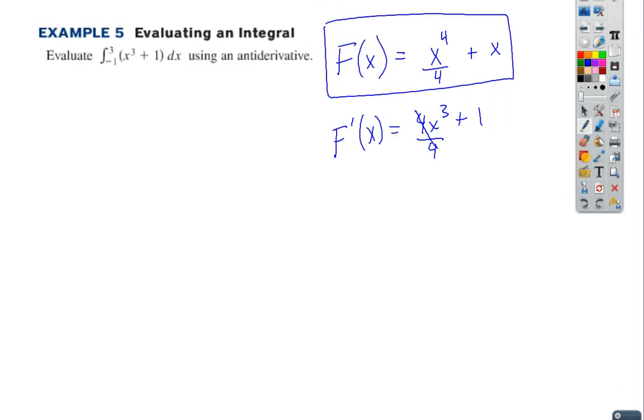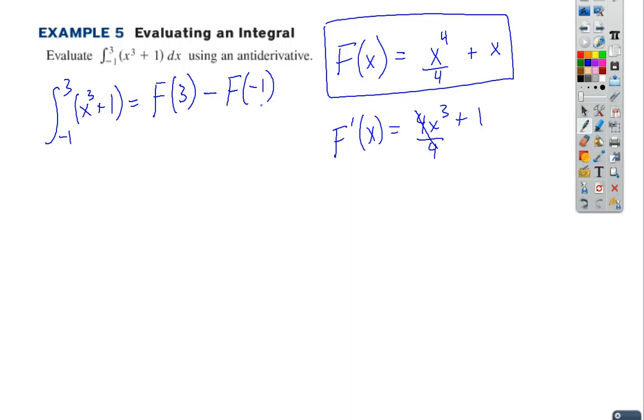Now I can use the second part of the fundamental theorem of calculus and use my antiderivative. Remember, the second part said that the integral from negative 1 to 3 of x cubed plus 1 is equal to the antiderivative at 3 minus the antiderivative at negative 1.